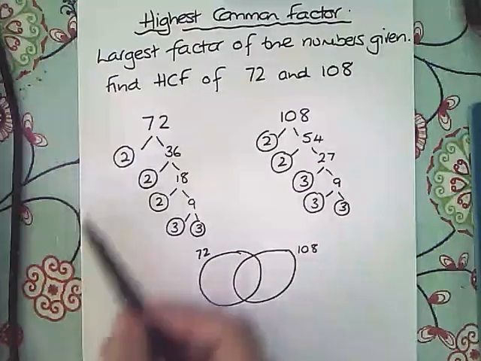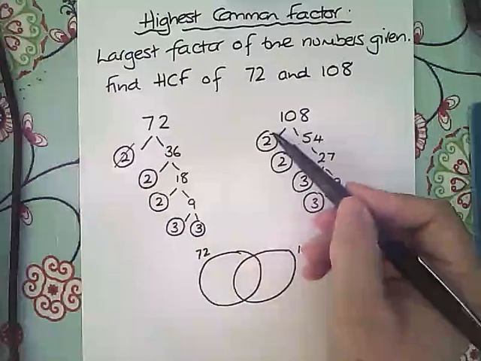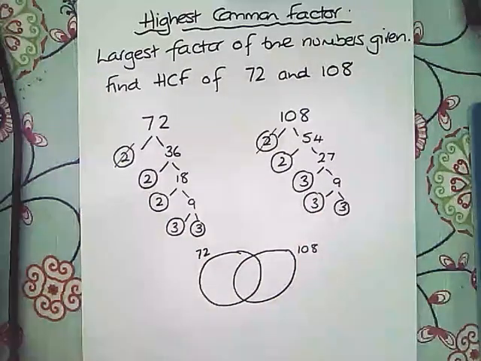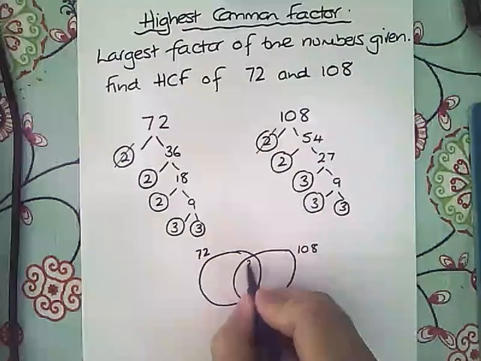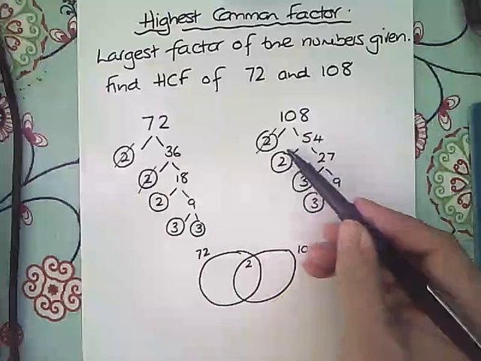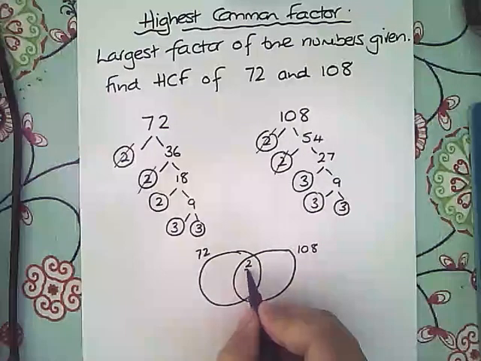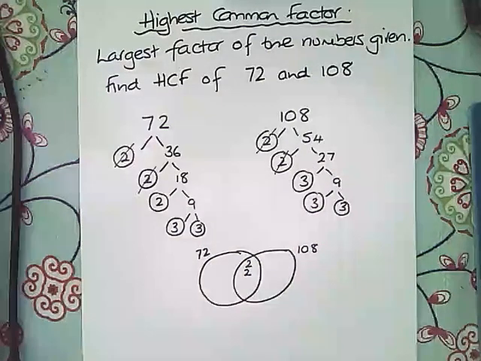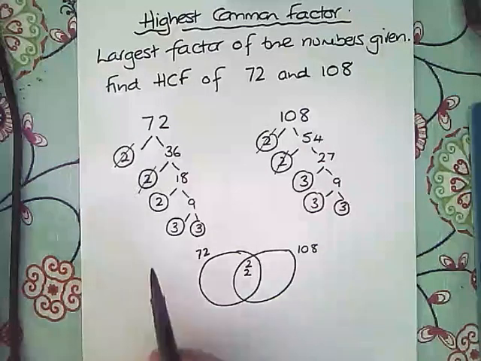Starting at the top, we have a 2 and a 2, so we put one of those 2s in there, only one. Then we have another pair of 2s, so we put another 2 in there. We don't have any more pairs of 2s, so then we look and see if we've got a pair of 3s.